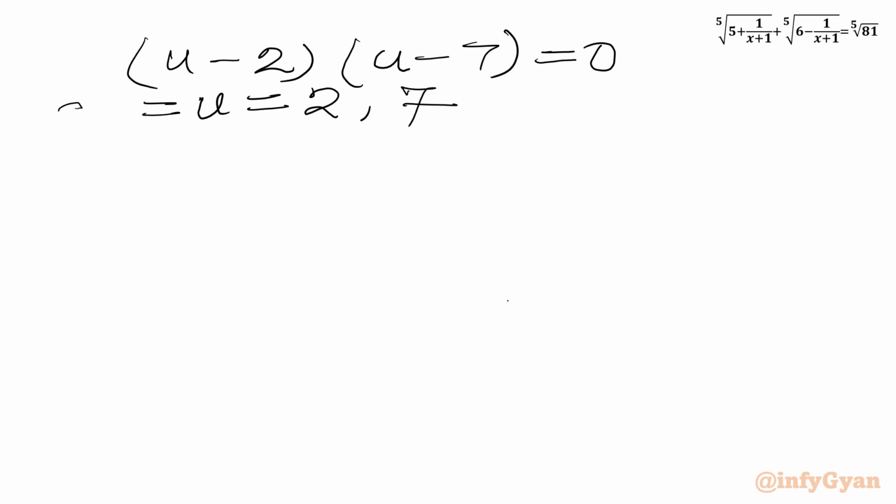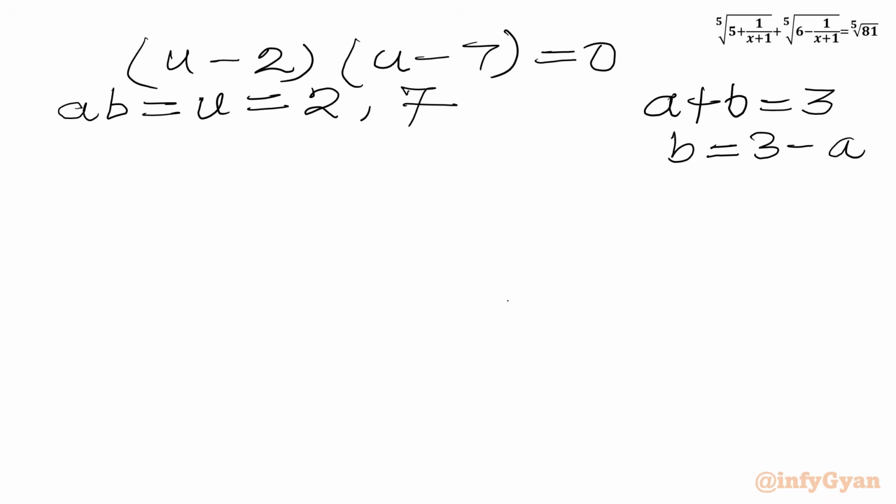u is our substitution ab. We have equation number 1, a + b = 3. From here, if I find the value of b, it is 3 − a. So we can write a times (3 − a) equal to 2 and 7.